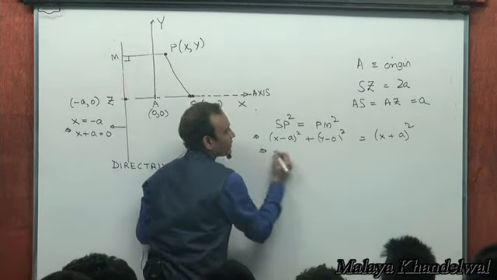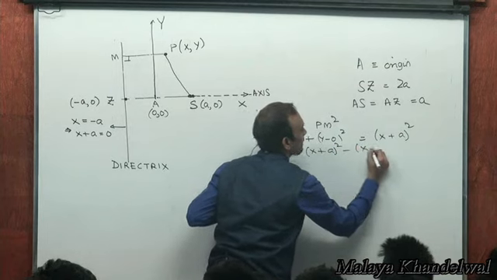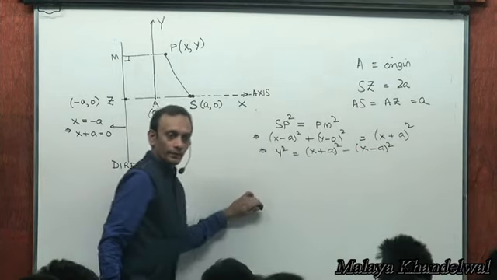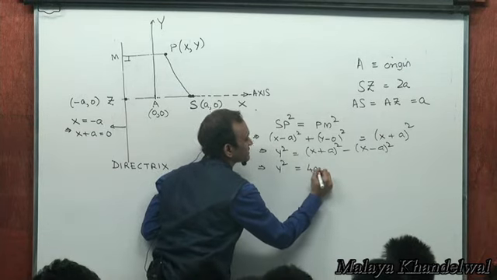Which means y squared is going to be x plus A whole squared minus x minus A whole squared. So I get y squared equal to 4ax.